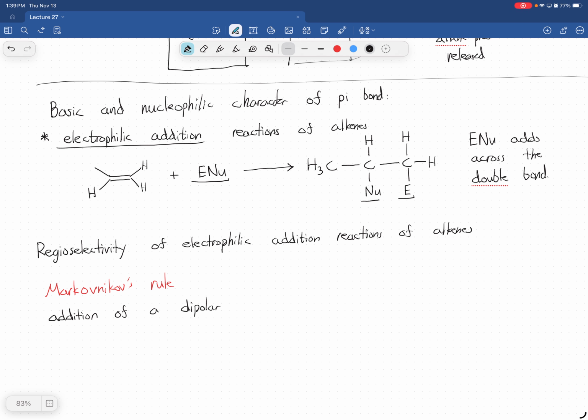What's a dipole? Yeah, so you're going to have a partially positive and partially negative part in the molecule. Sorry, that should be molecule. Sorry about my writing. H-Nu, okay? Usually the H will be your partially positive part. Your nucleophile is your partially negative part.